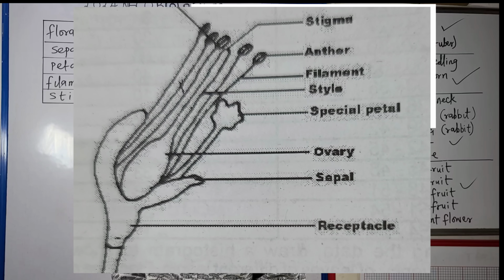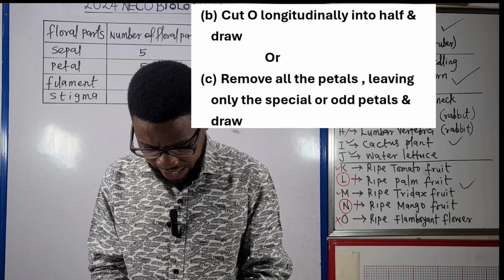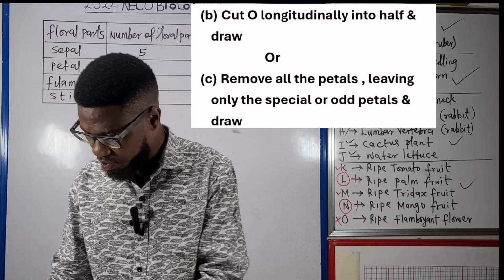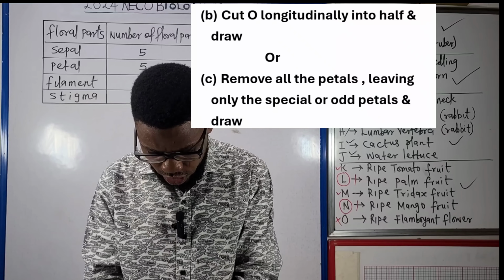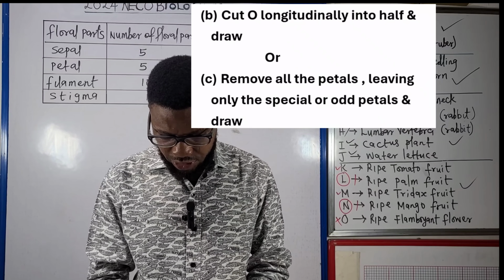You can see that. Look at it. They say carefully detach the other petals except the special petal, and then we were told to make a large labelled drawing 10 to 12 centimeter long.